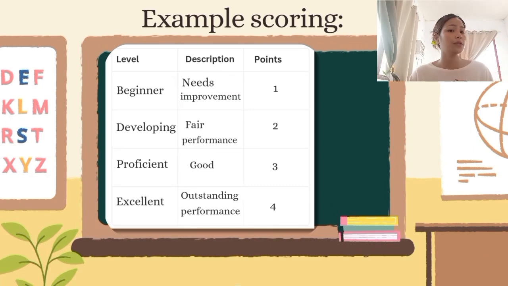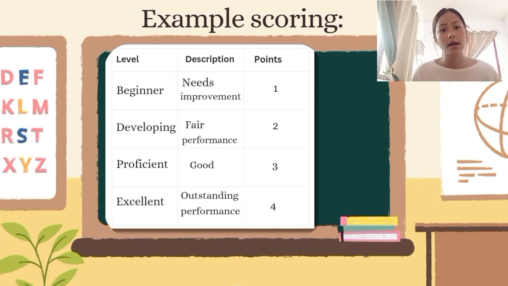Now, let us look at an example of how points are assigned. A rubric might have 4 levels: beginner, developing, proficient, and excellence. Each level corresponds to a number.